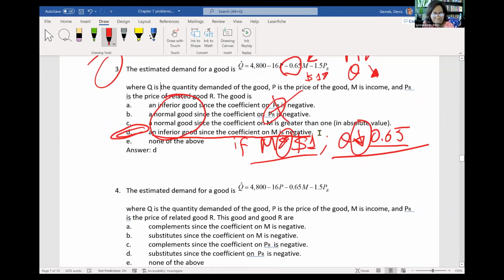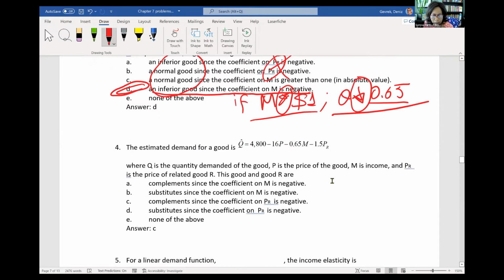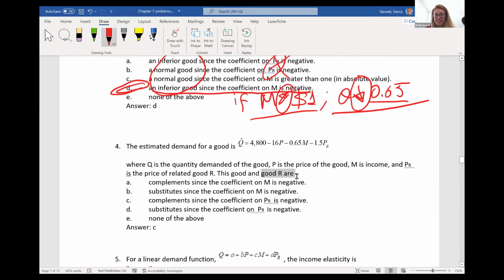Yeah, it's better, right? Yeah, and so that's where I was confused. So in number 4, of course, PR is what we're looking at. So what do you think this is? PR, price of related good, let's say went up by $1. This tells you quantity of the good in question, consumption, went down by 1.5 units.